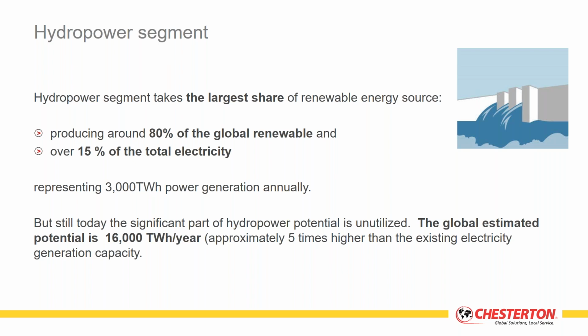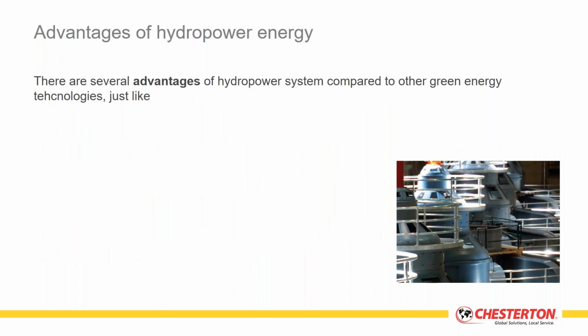What does it mean for us? Number one, we can expect much more investment in hydropower, in new hydropower plants in the future. And the second aspect is that we can expect many more projects in the rehabilitation of existing hydropower plants. The main goal is going to be to improve efficiency and to increase the output of the existing plants as well.